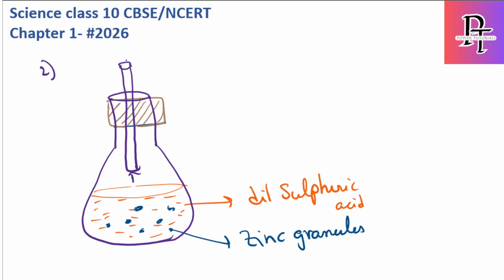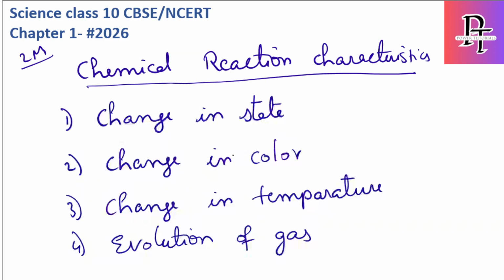I will not discuss here what test has to be performed because that will be covered in later chapters. Just understand that if dilute sulfuric acid and zinc react, H2 gas will be evolved. At the same time, the temperature of the funnel increases. So two things we already covered: change in temperature is happening here and evolution of gas is also happening.